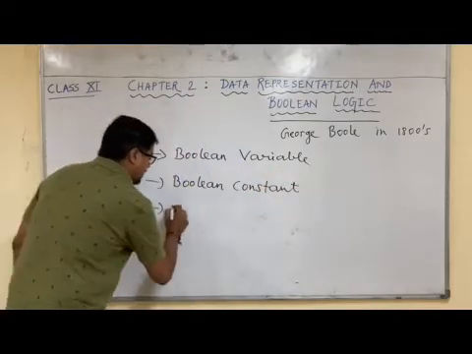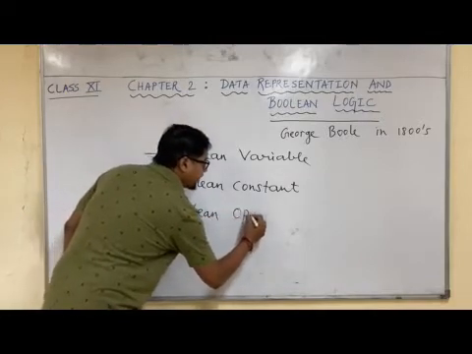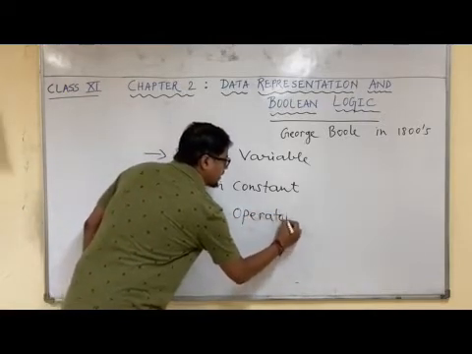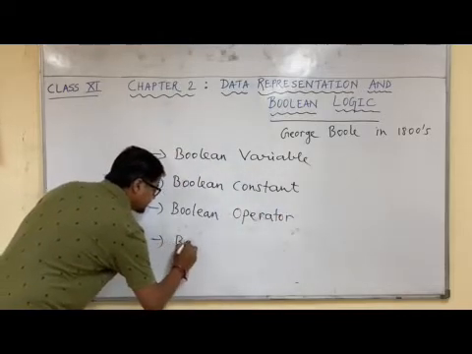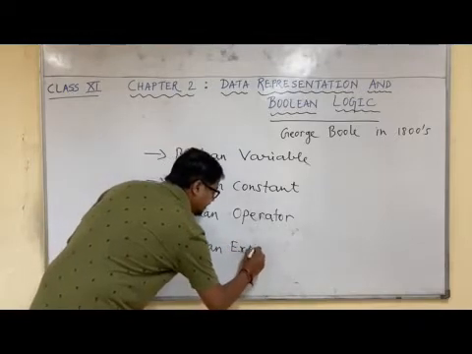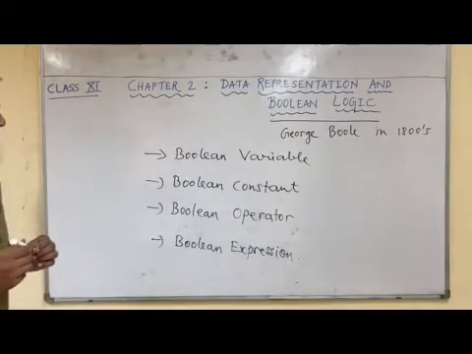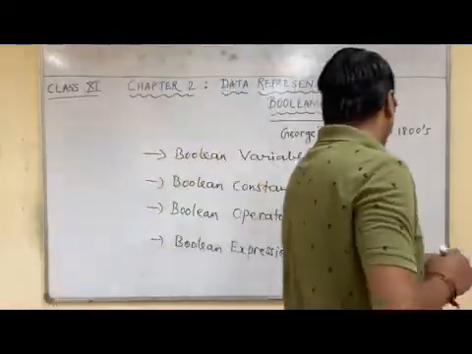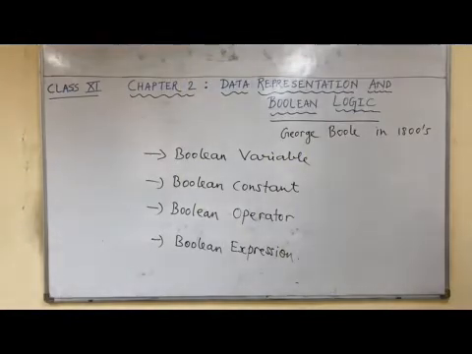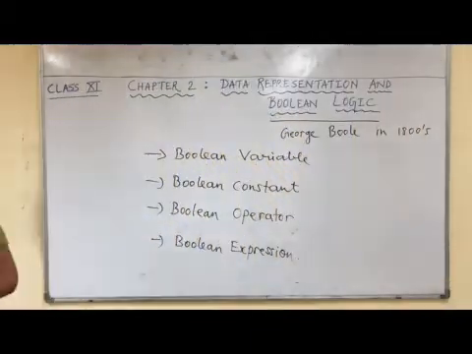Third one is Boolean operator, and students, the last one is Boolean expression. So majorly there will be four parts in Boolean algebra: Boolean variable, Boolean constant, Boolean operator and Boolean expression. If we understand these four parts, then we are ready to start with Boolean algebra and whatever things are there in this chapter.